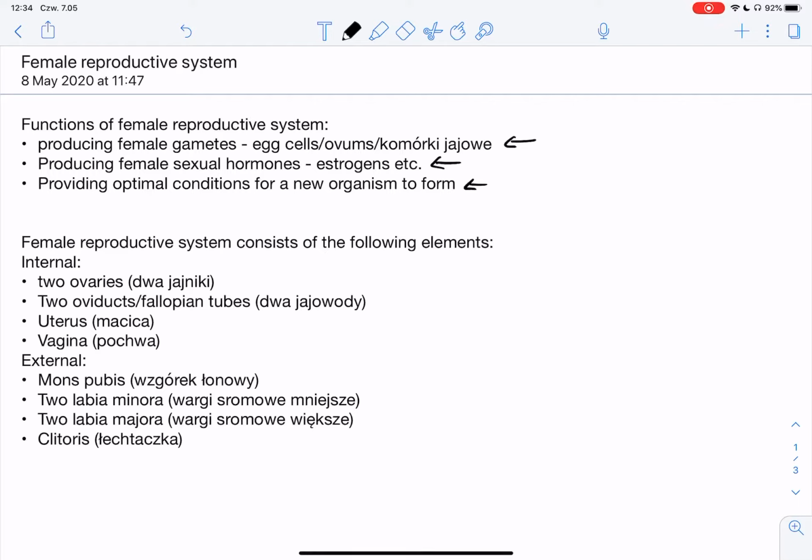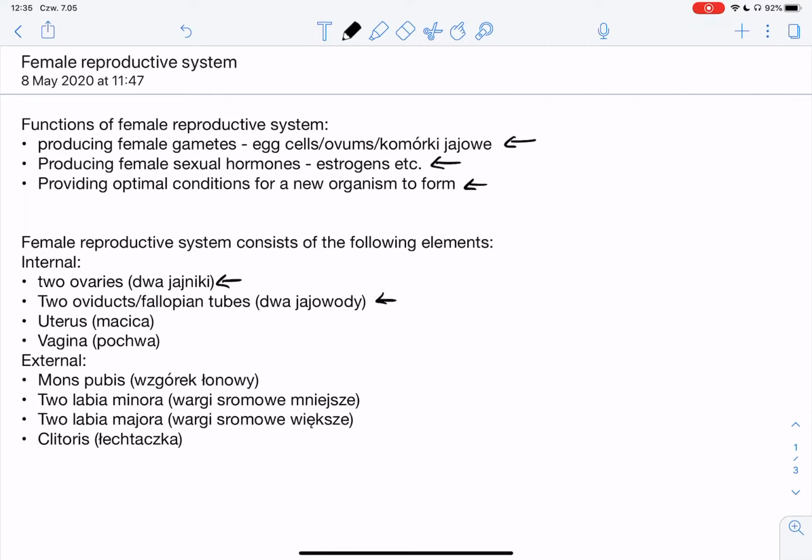If it comes to the construction of this system, it can be divided into two groups: internal parts and external parts. Internal parts are as follows: two ovaries, two oviducts or fallopian tubes, one uterus, which after fertilization will be the home for the baby to develop, and the vagina, which is the entrance to the uterus.